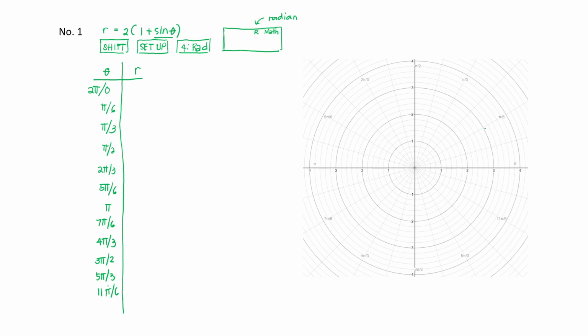Okay, so starting off with 0 or 2 pi, 2 times 1 plus sine 0 will be equal to 2.